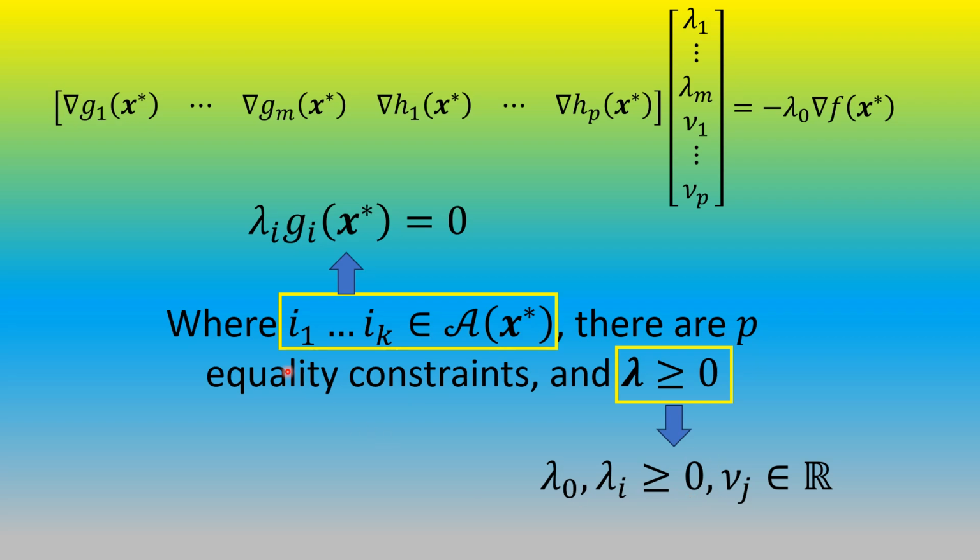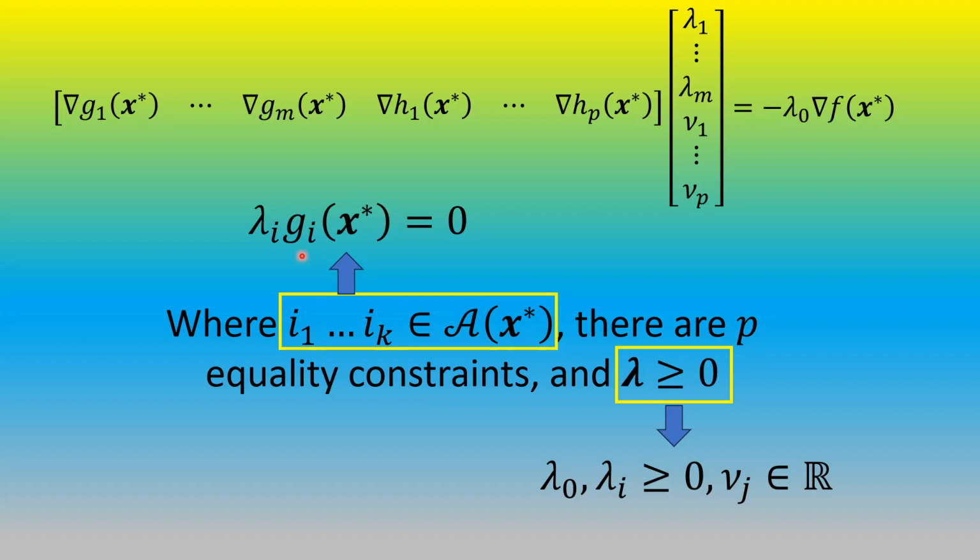But you'll also notice that I1 to Ik being members of the active inequality constraints at x star is the same thing as saying that for all of these i's, lambda sub I times g sub I of x star is equal to 0. Now, why is that true? Because say that your inequality constraint is active.